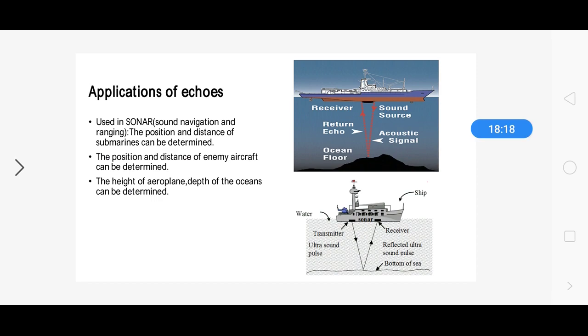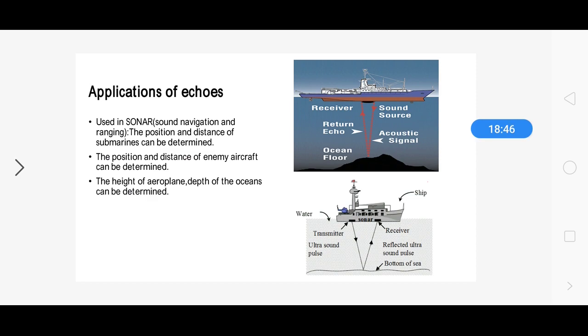For this we use ultrasonic sound waves, which are sent into the sea, and at the submarine the sound wave will be reflected back. By analyzing this reflected sound wave, the distance between the ground and the submarine is calculated from the same formula, d equals vt by 2.